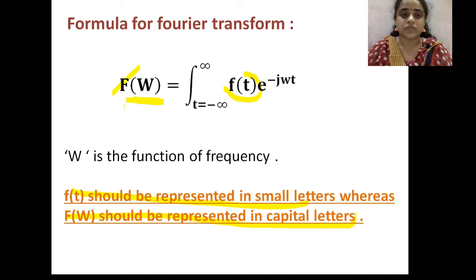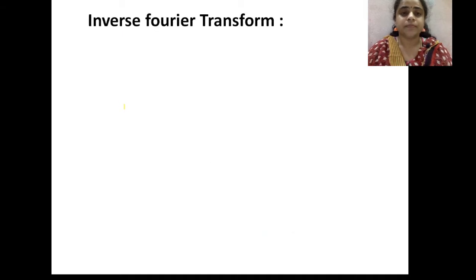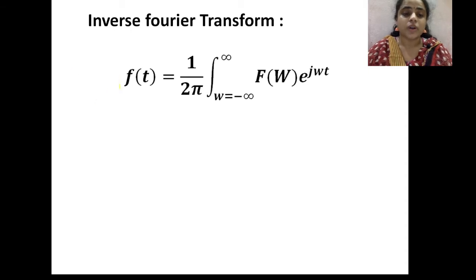So in this we will be able to find capital F of omega, which is the frequency domain representation of the Fourier transform. Next, inverse Fourier transform, which is nothing but finding our f of t value. So f of t is equal to 1 by 2 pi integral from omega equal to minus infinity to infinity of F of omega into e power j omega t. Over a period of time, a complete cycle, 1 by 2 pi will come, and the limits are the same, minus infinity to infinity.